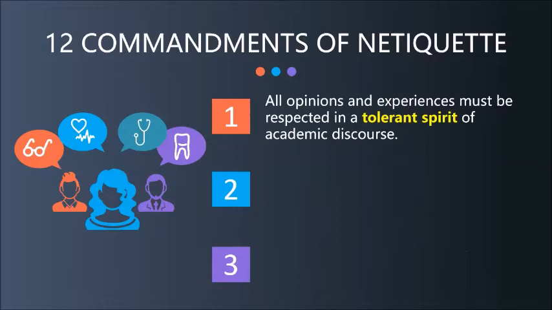Your opinion may be different from theirs, but you need to respect their opinion because they are entitled to it, no? And also their experiences. So you don't know their background, what they are going through. So just understand them and empathize with them. Put yourself in their shoes so that you can know what they are going through as well.